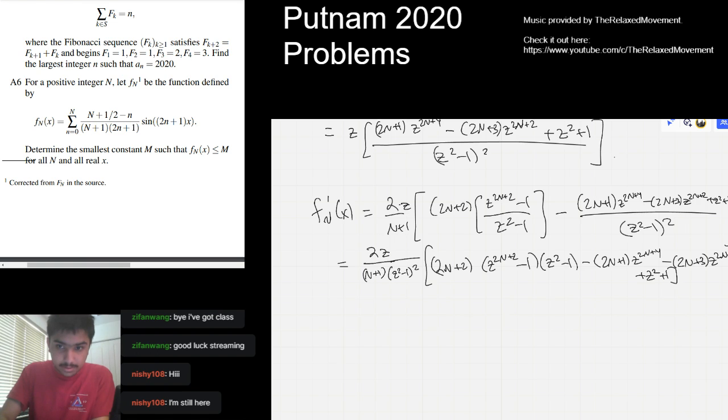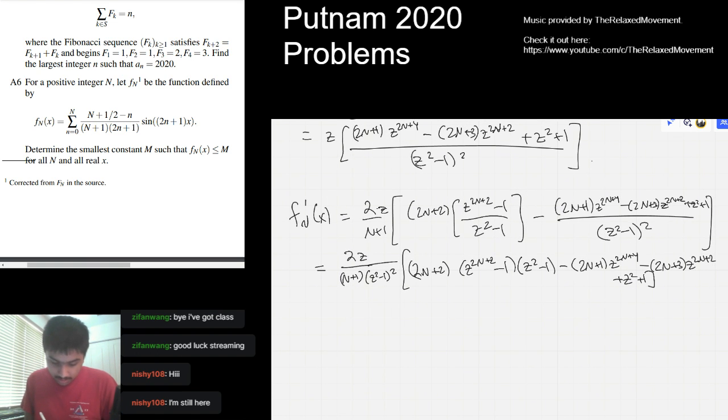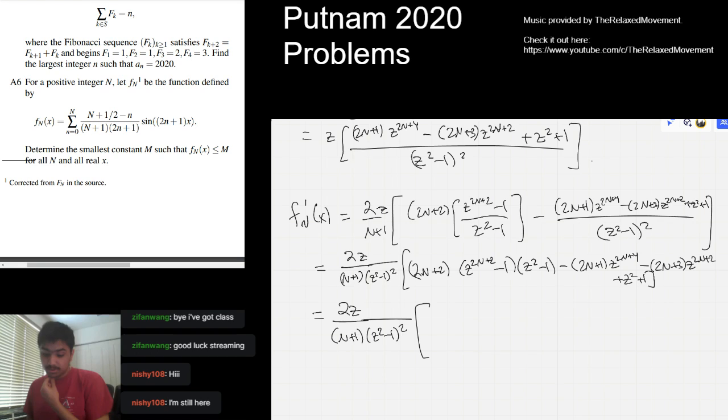Oh, I have to. Which is equal to, times, now the z to the 2n plus 4 component is just z to the 2n plus 4. The z to the 2n plus 2 factor is what? Well, it's minus, so it'll be minus 4n plus 5.